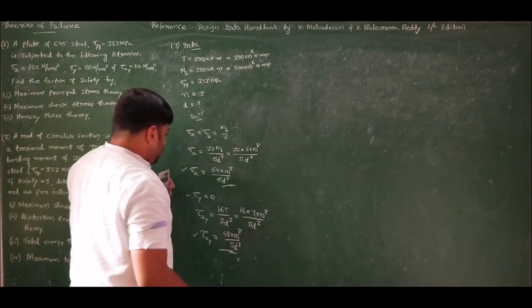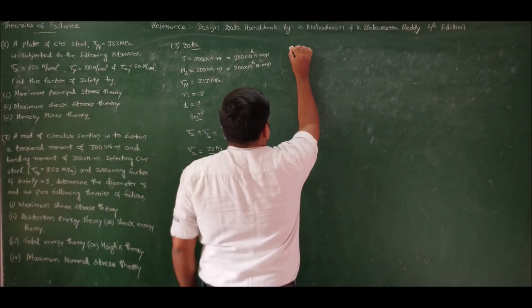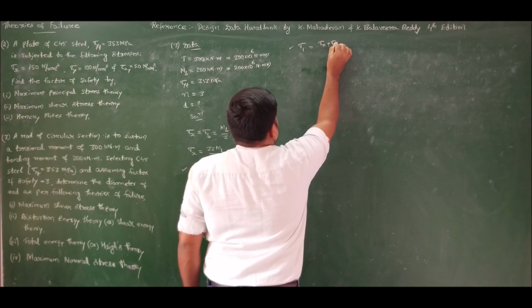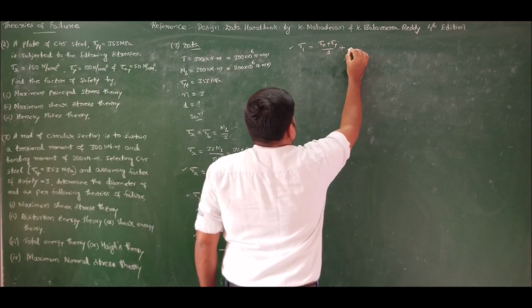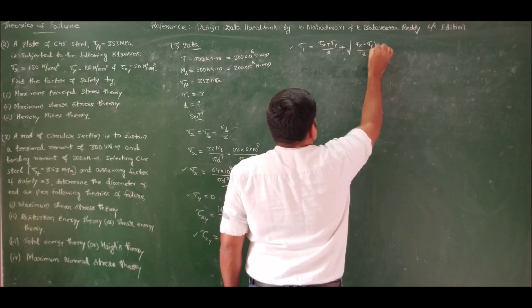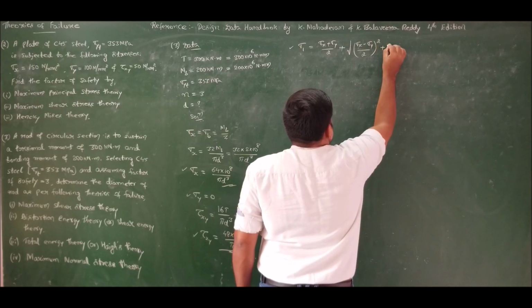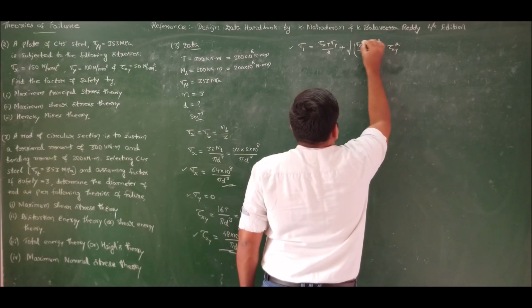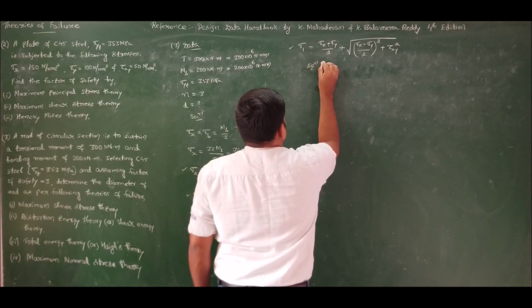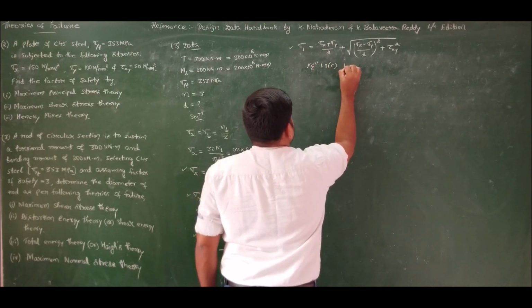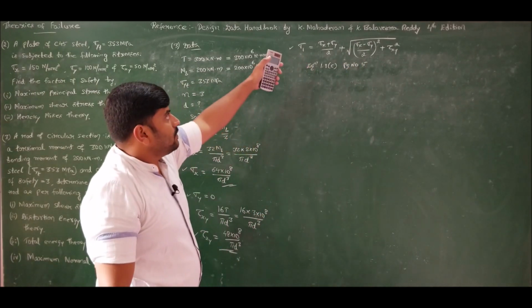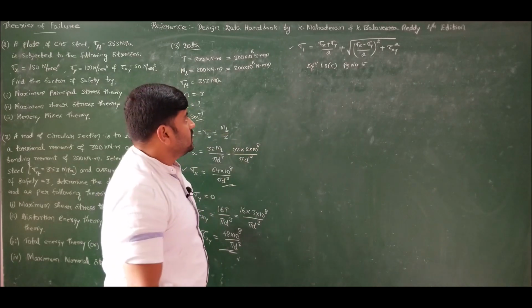So therefore, first let me find maximum principal stress, that is sigma 1, which is equal to sigma x plus sigma y by 2 plus root of sigma x minus sigma y by 2 whole square plus tau xy square. This is nothing but equation 1.8c, referring to page number 5 of our design data handbook written by K. Mahadevan and K. Balaveera Reddy. We are referring to the 4th edition.